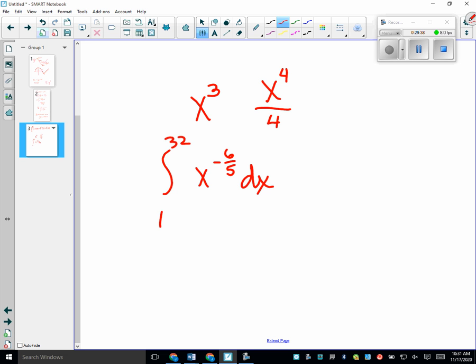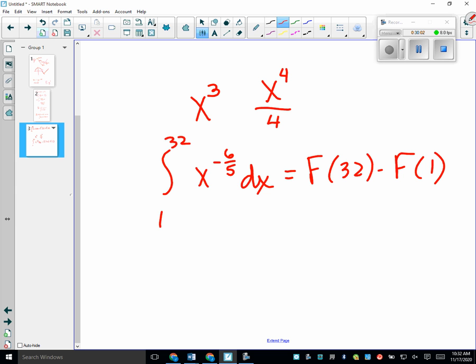So, isn't this going to be F of 32 minus F of 1? Right? F being the antiderivative. So I need to know what is the antiderivative of this function.